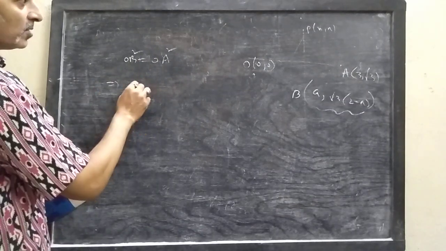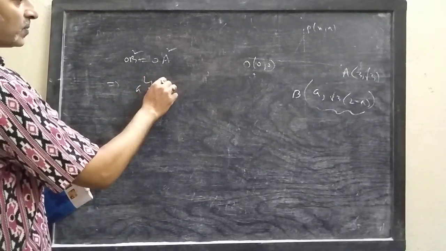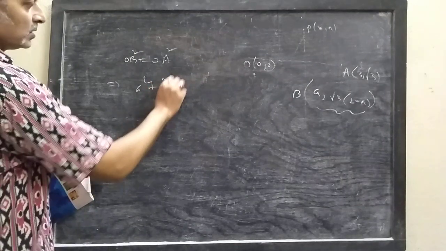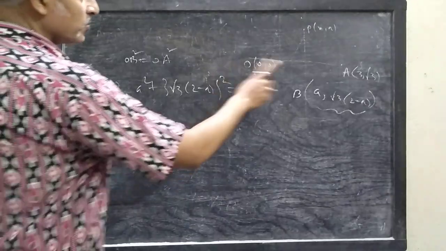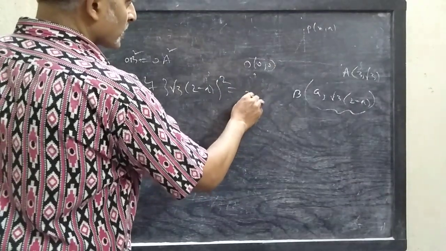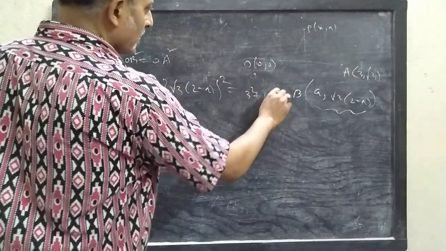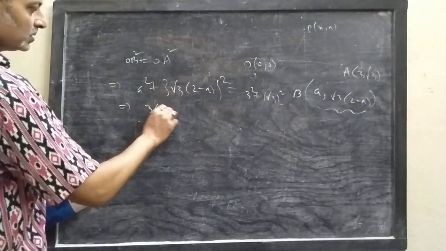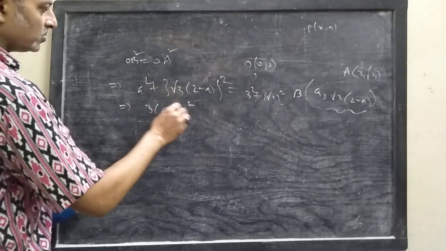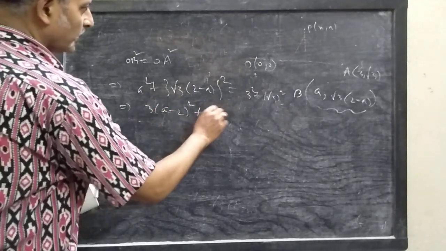OB square will be A square plus root 3 into (2 minus A) whole square, equals OA square, which is 3 square plus root 3 whole square. Now this becomes 3 into (A minus 2) whole square plus A square.